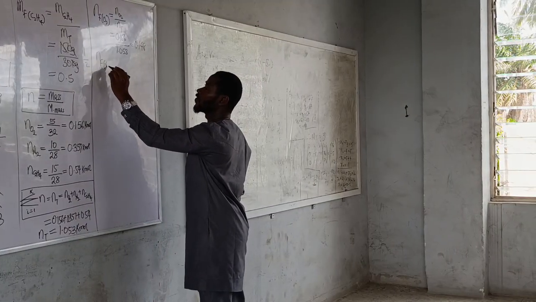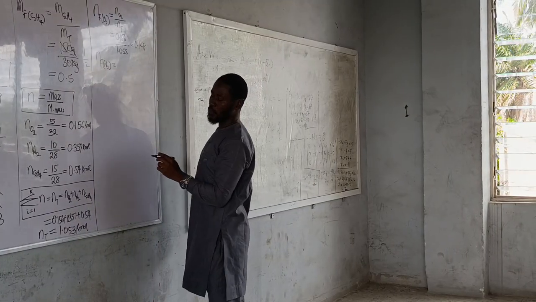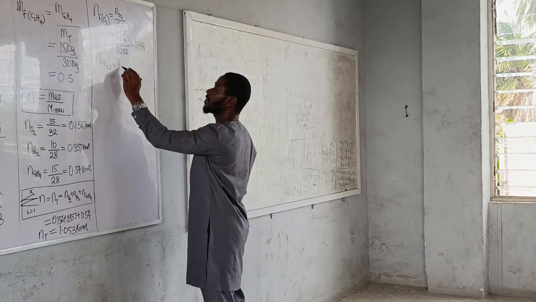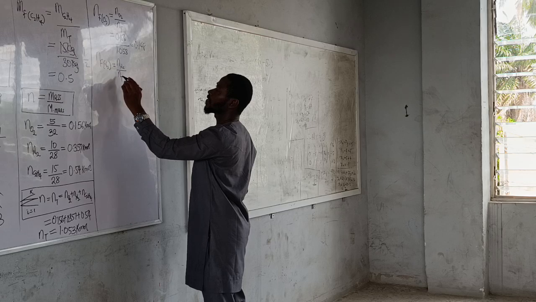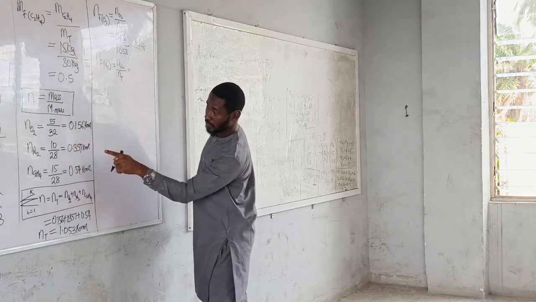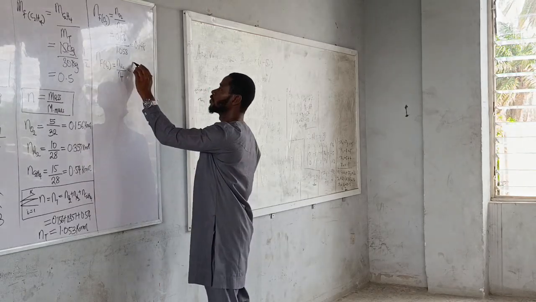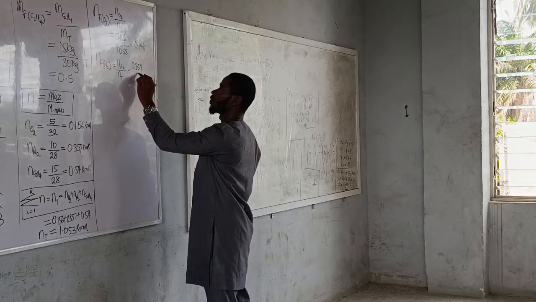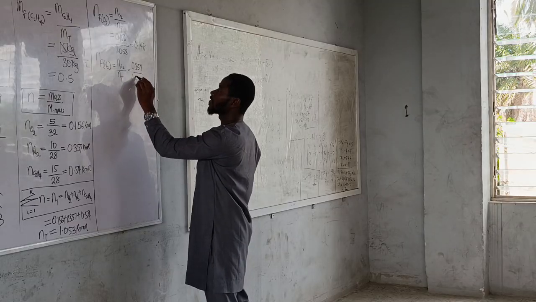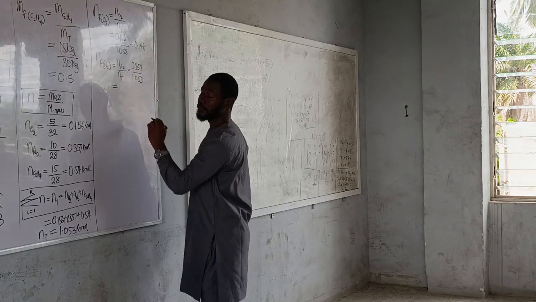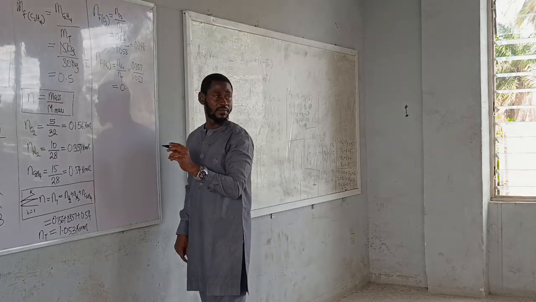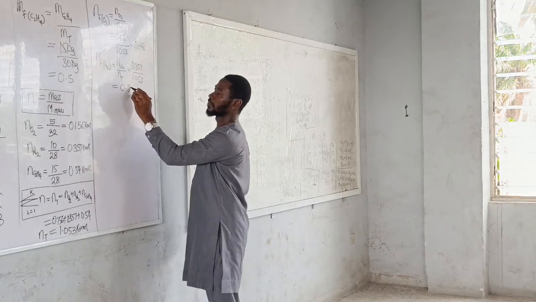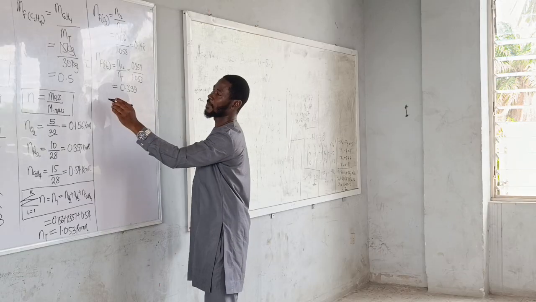NF of nitrogen equals N nitrogen divided by NT, which is the same thing as 0.357 divided by 1.053. 0.3339.